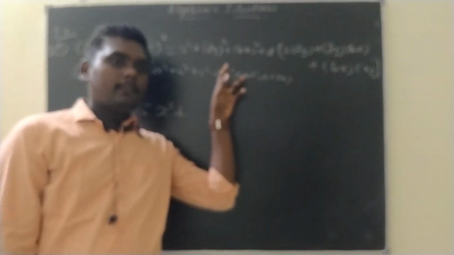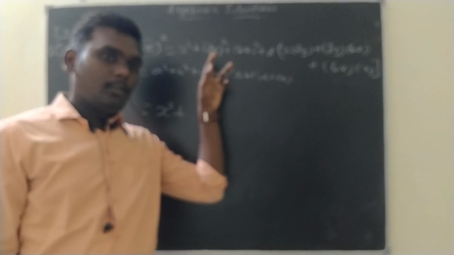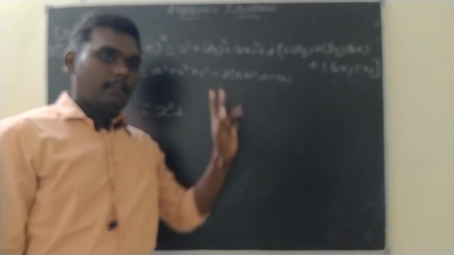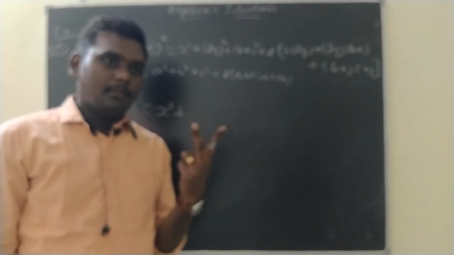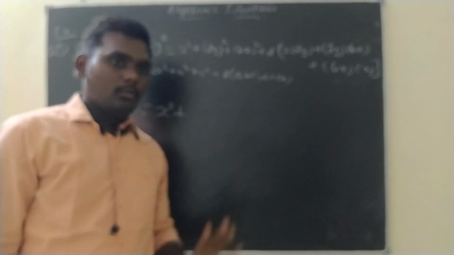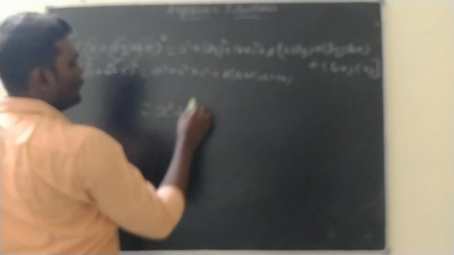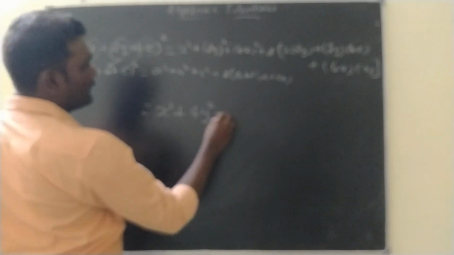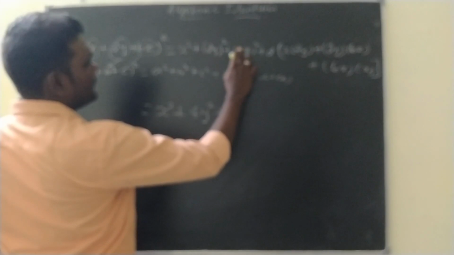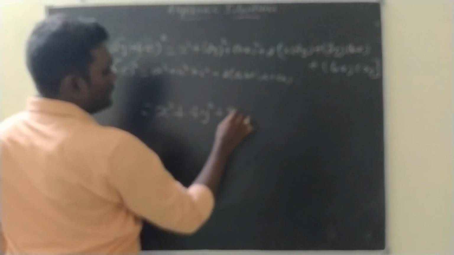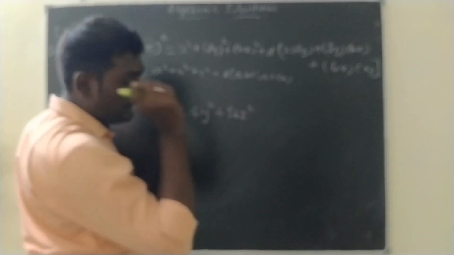Now when you multiply this, x square plus, expanding this, 2y square can be expressed as what? 2 square y square. Laws of exponents: when 2 numbers have the same power, you can distribute the power to both numbers. Are you getting it or not? Okay. So 2 square is 4, y square is y square, so 4y square plus 6 square is 36, z square is z square.